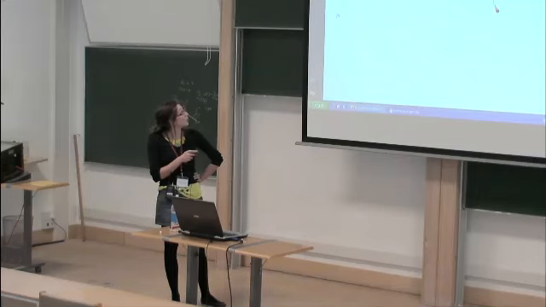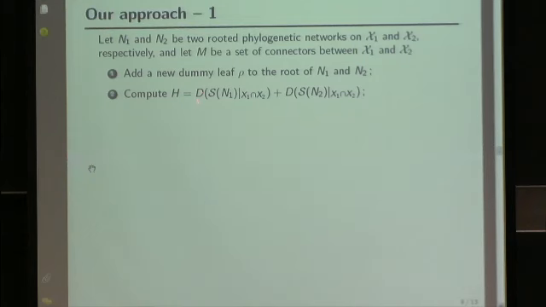Then we compute a distance matrix that is the sum of the distances from the splits of the first phylogenetic network restricted to the intersection of the label sets, plus the equivalent thing for the second network.